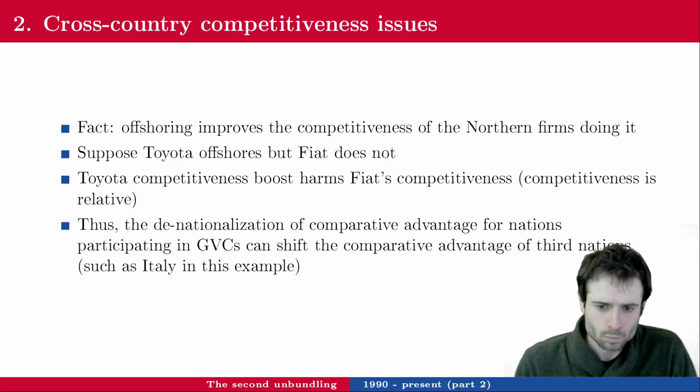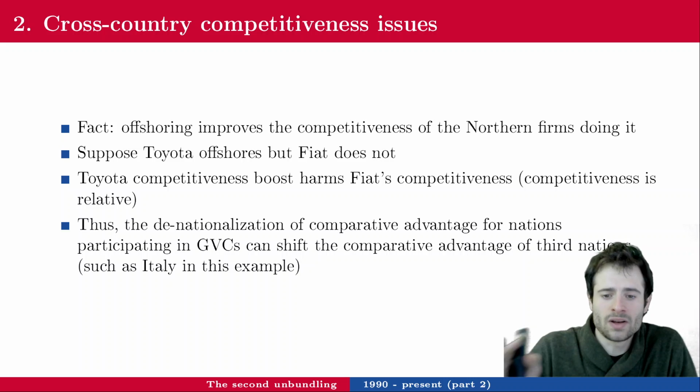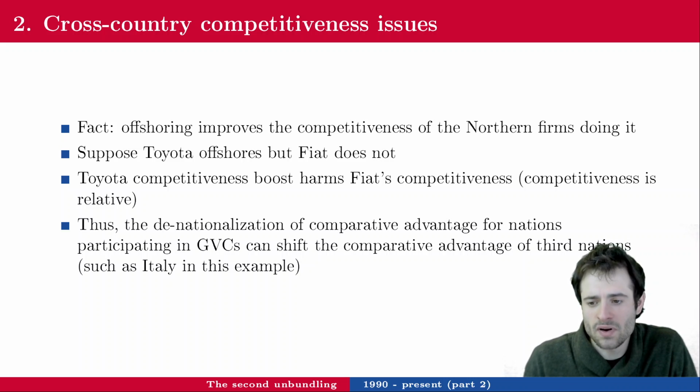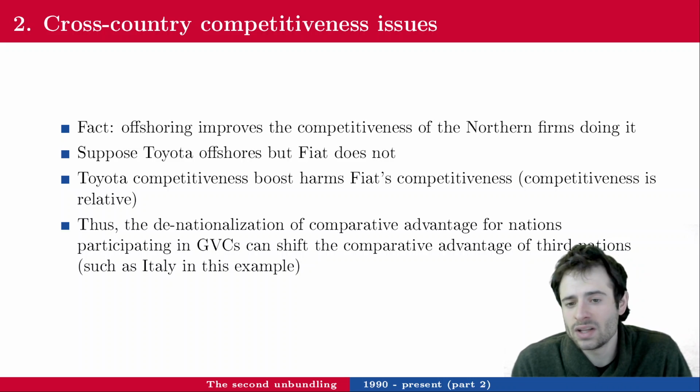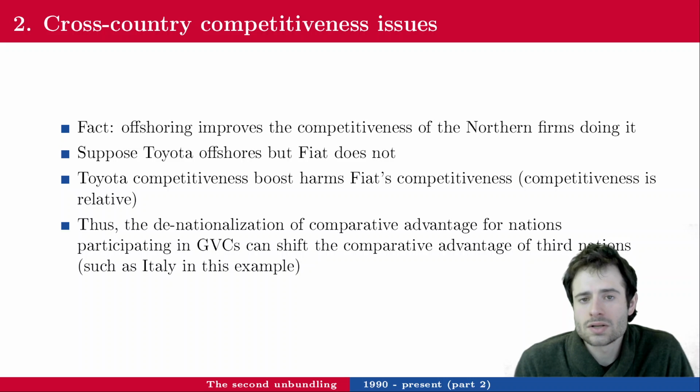So, the denationalization of comparative advantage for nations participating in the global value chain can shift the comparative advantage of third nations. By Toyota offshoring to other countries, Italy, if Italy doesn't offshore, might lose its comparative advantage in the production of cars.